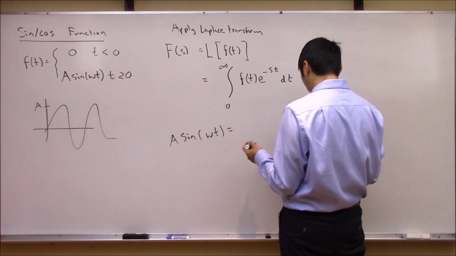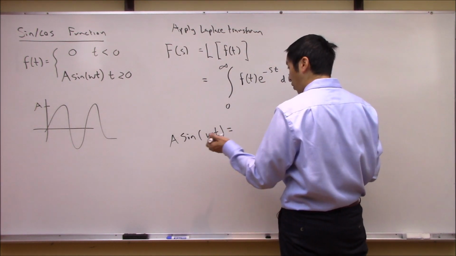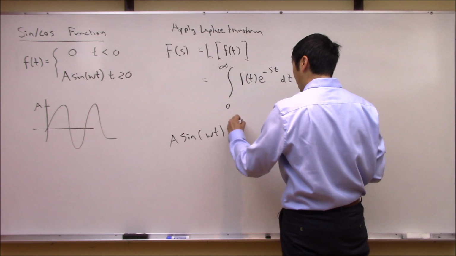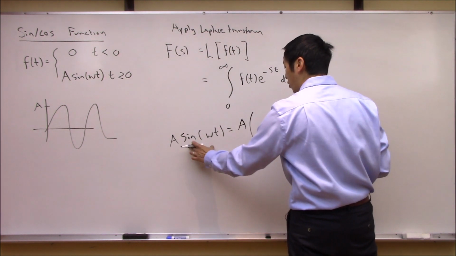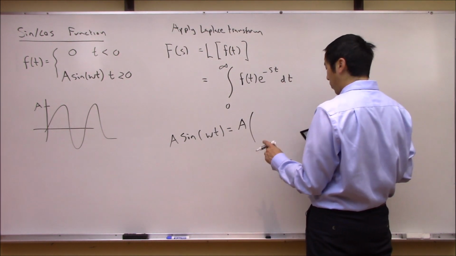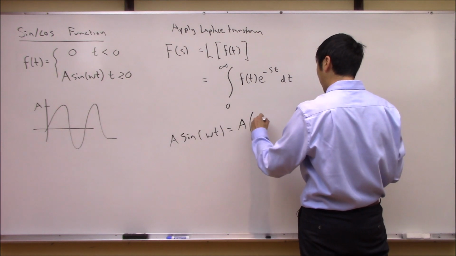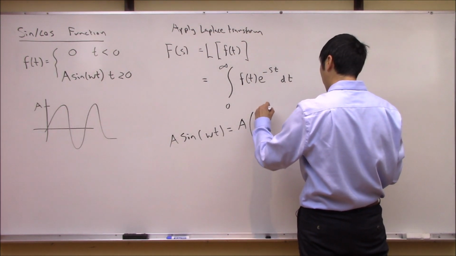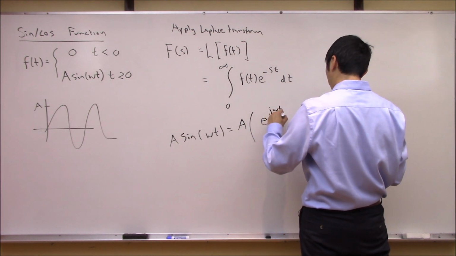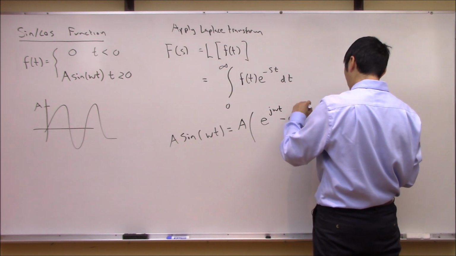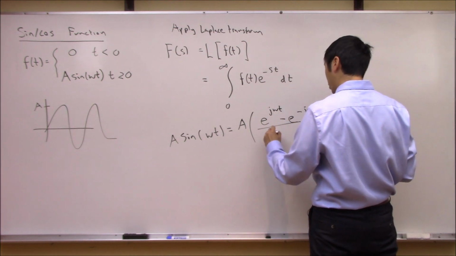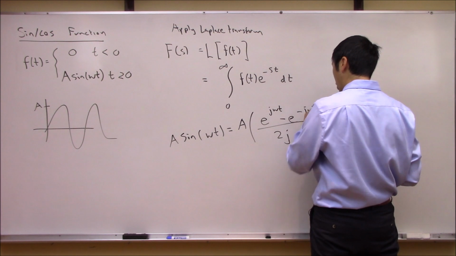So in other words, just to be explicit, maybe we'll do it for sine. This would be a times sine omega t. Again, you could use Euler's formula to write this as something like e to the j omega t minus e to the minus j omega t, all over 2j, where j is the imaginary number.